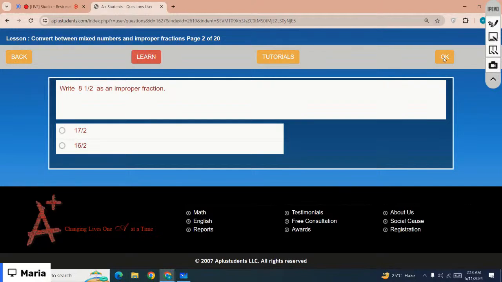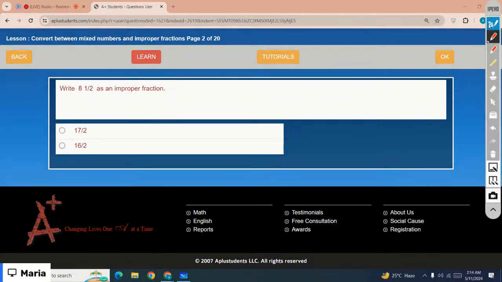Write 8 whole 1 by 2 as an improper fraction. Okay, 8 whole 1 over 2, right? So you can write the whole number as 8 by 1, multiply it by the denominator. The denominator is 2, so that would be 16 over 2. Now add 16 by 2 and the fractional part of the question, that is 16 plus 1 is 17 over 2.